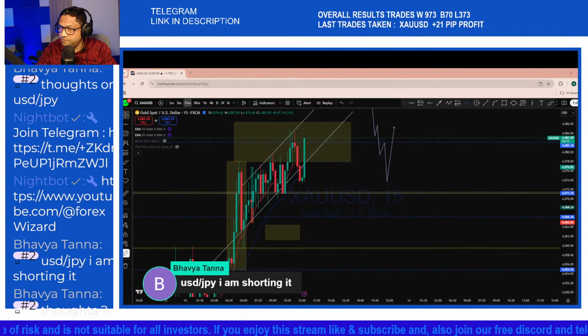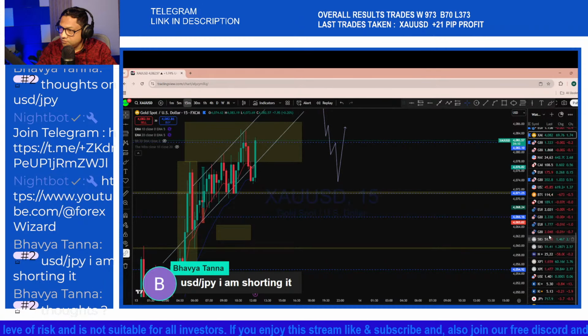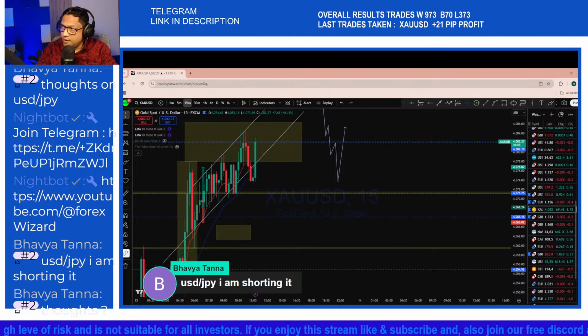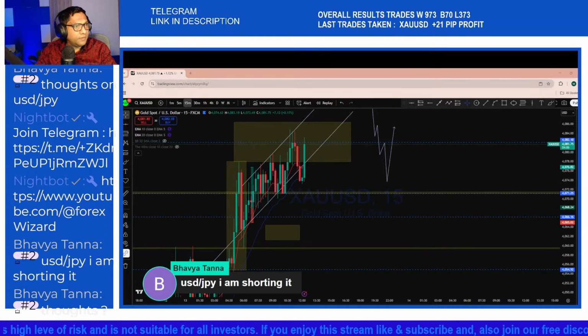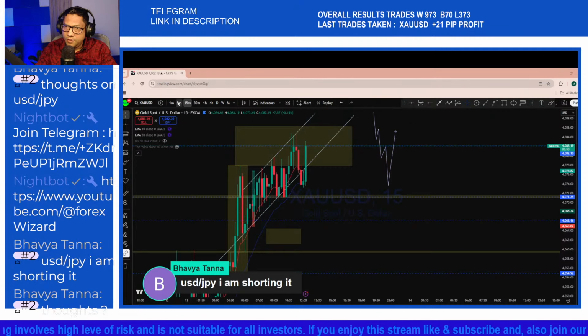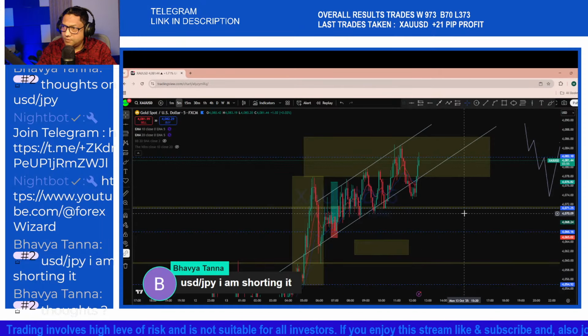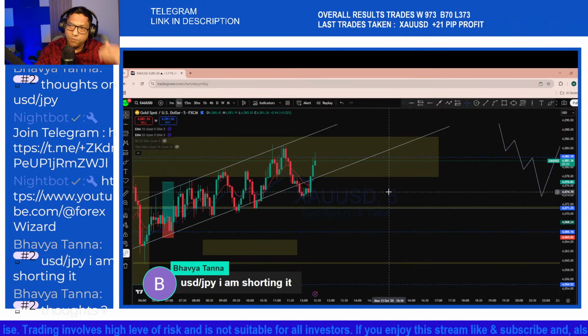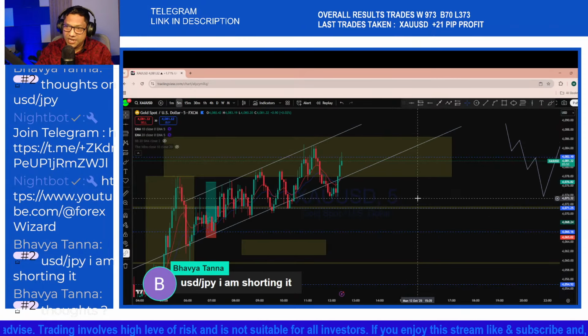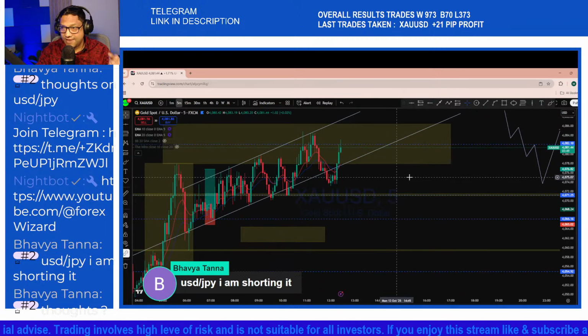Dollar yen. Now we can see the price from this double top, and again it's trying to break that low.